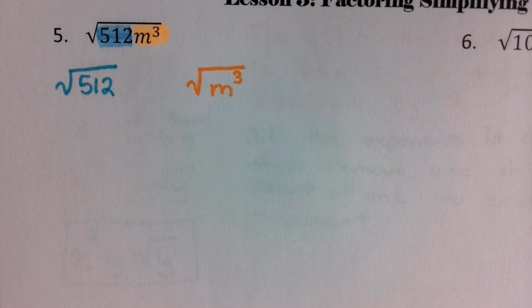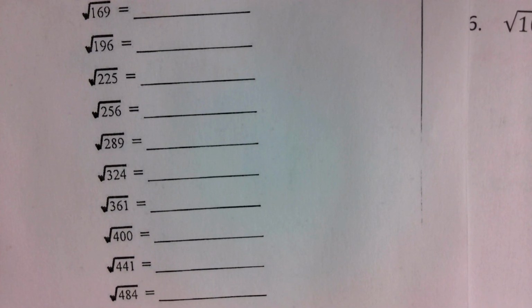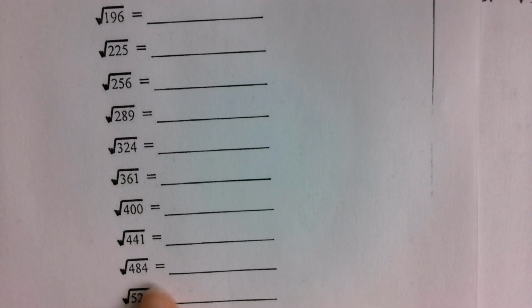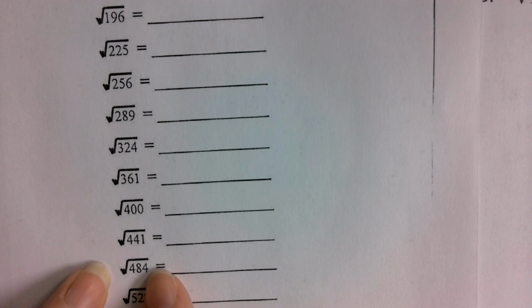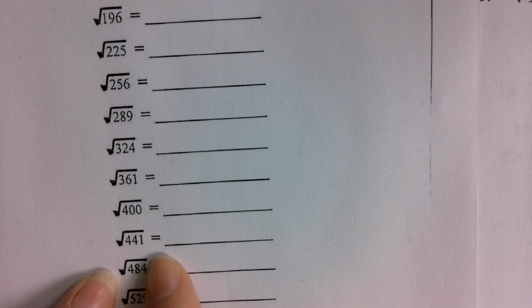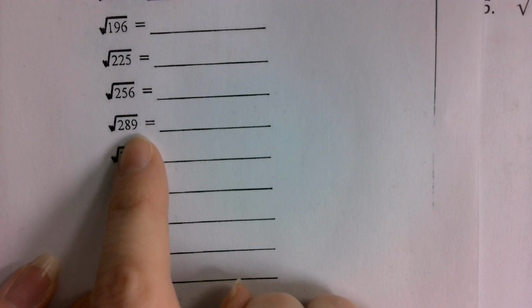All right, if you've got your perfect squares list out, you can look at these. So 512 would be somewhere towards the bottom, right? It'd be somewhere between 529 and 484. So you just start working your way down and go, okay, obviously 512 is not divisible by anything in the 400s, is it? It's too big. So you want to keep working until you get somewhere close to the 200s.